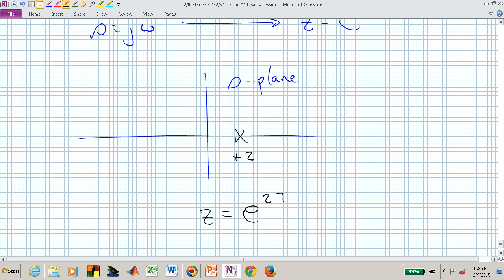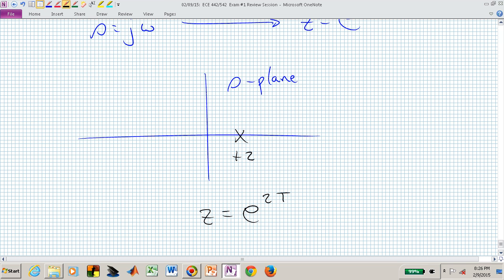So anything in the right half plane in the S-plane is going to be unstable in the time domain in continuous time, and it will correspond to unstable in the Z-plane. When you have poles in the left half plane, then you have negative exponents in the Z-plane, and that will bring you inside the unit circle. You now have a magnitude less than 1.